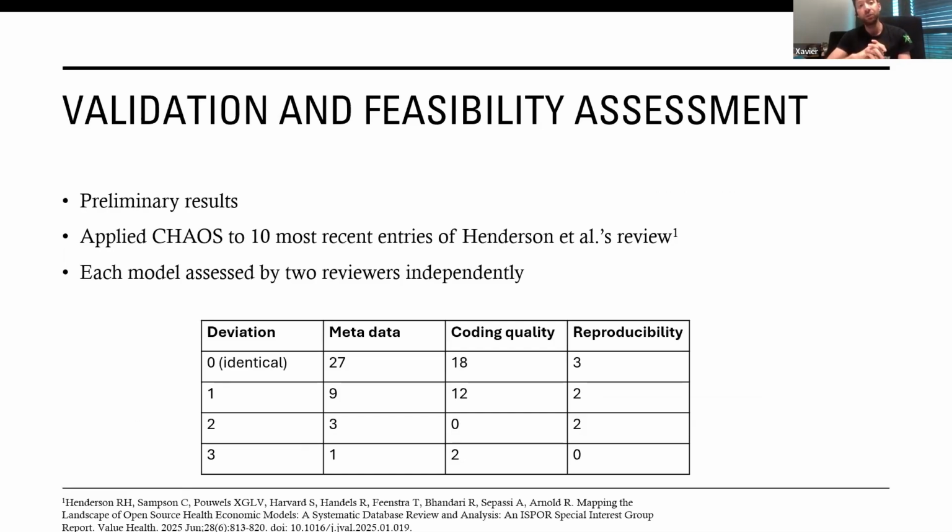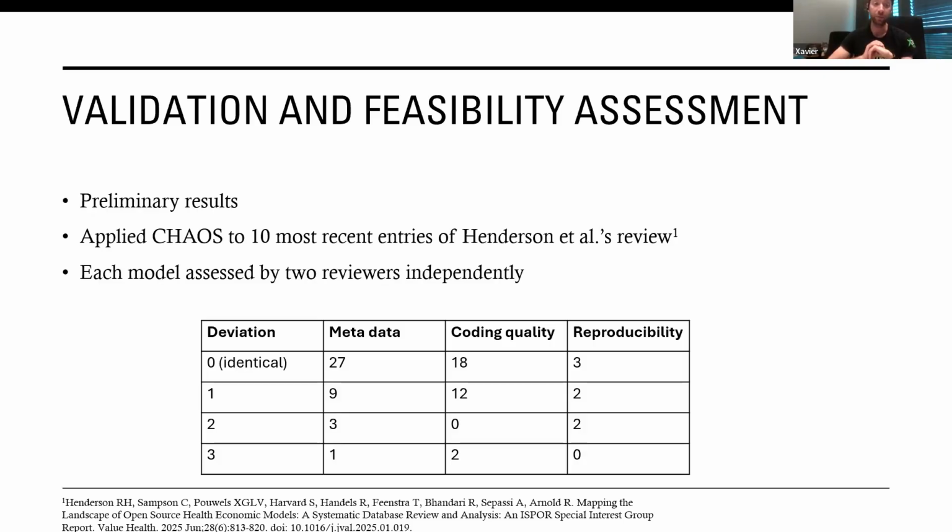These are preliminary results of the validation and feasibility assessment that we are still currently executing. So the aim is to apply CHAOS to the 10 most recent entries of the review of Raymond. And as you can see, if you look at the reproducibility column, we are now at 7. And each model that we assess is assessed by 2 reviewers independently.